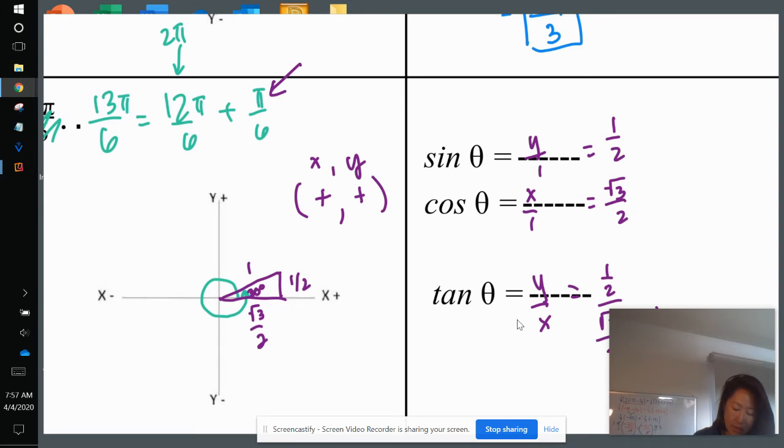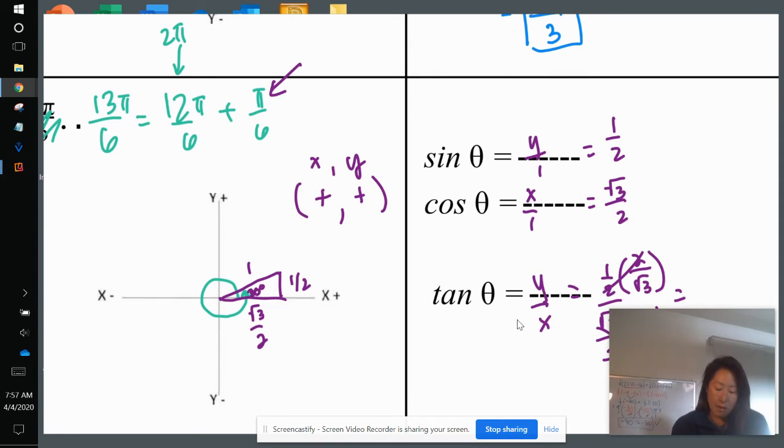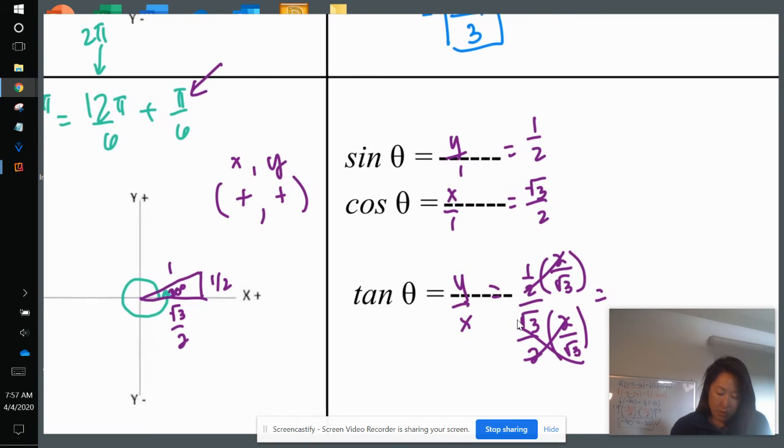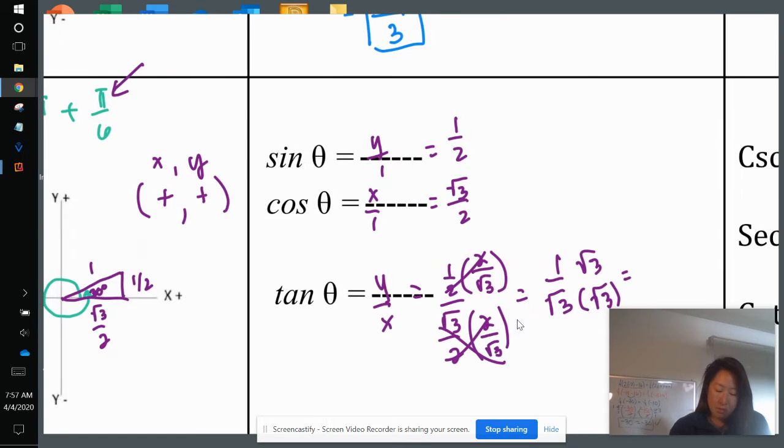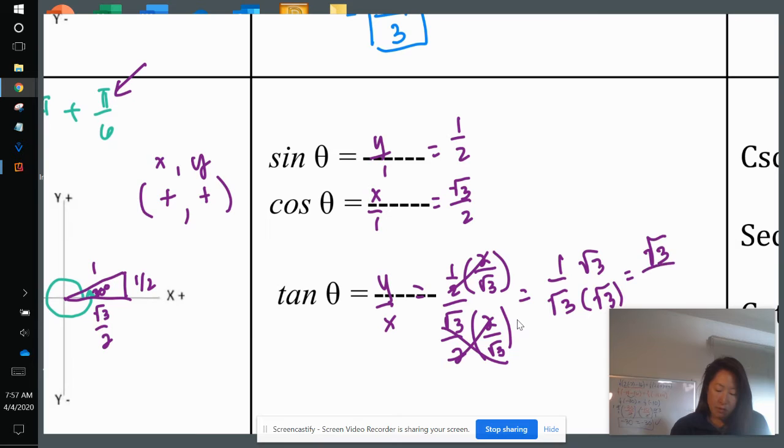And then we multiply by the reciprocal, just like we did above. You're going to see a lot of the same calculations because the pattern repeats itself in every quadrant. So we get 1 over square root of 3. Then we rationalize. So I get root 3 over root 3 times root 3, which is 3. Positive.